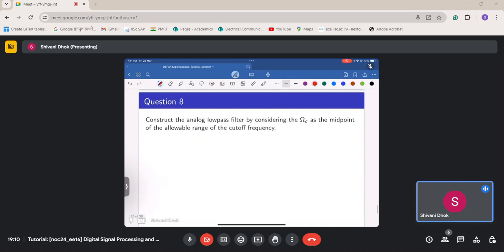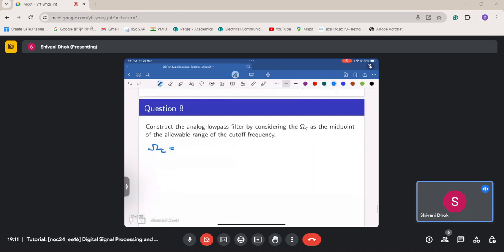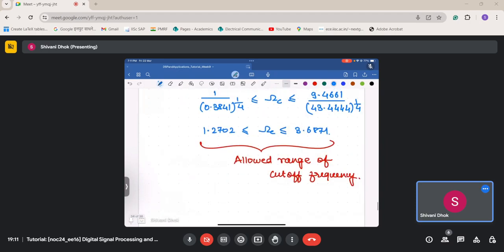The next question says: construct the analog low pass filter by considering omega c as the midpoint of the allowable range of the cutoff frequency. So we need to set omega c as the midpoint of these two, by taking the average of these two values.